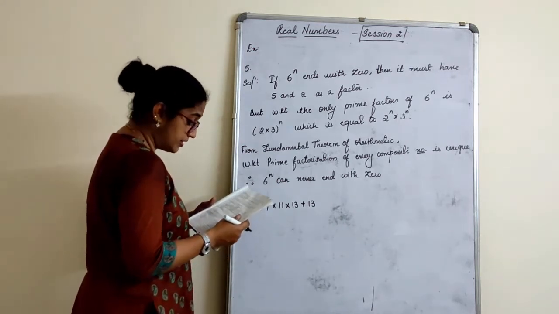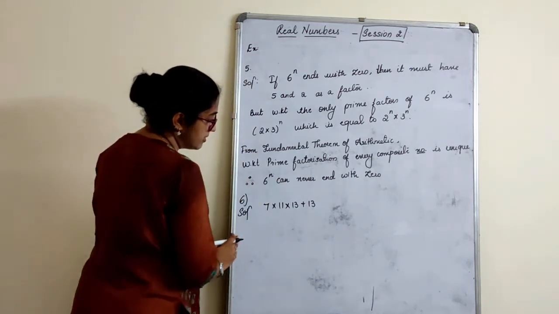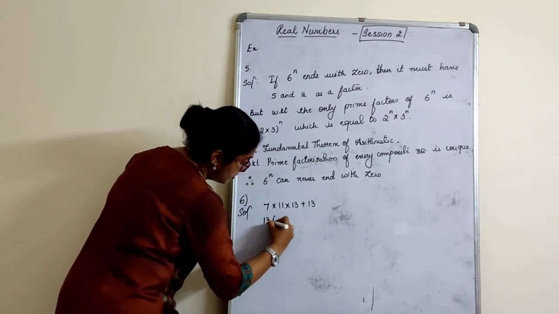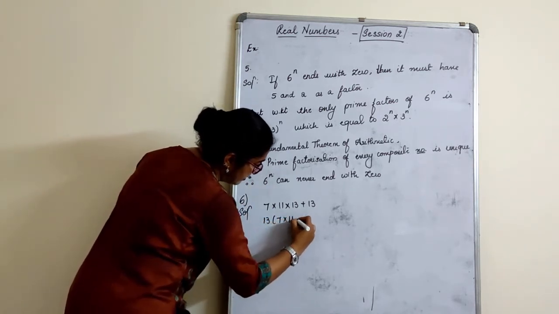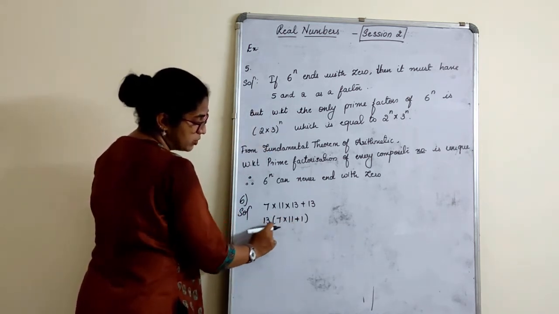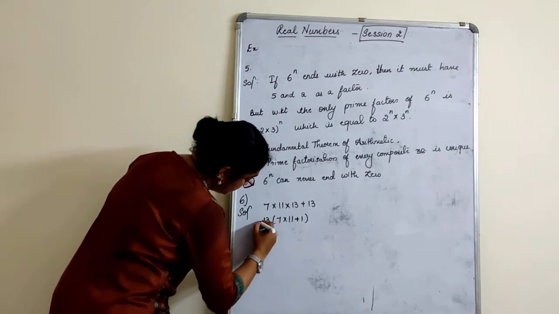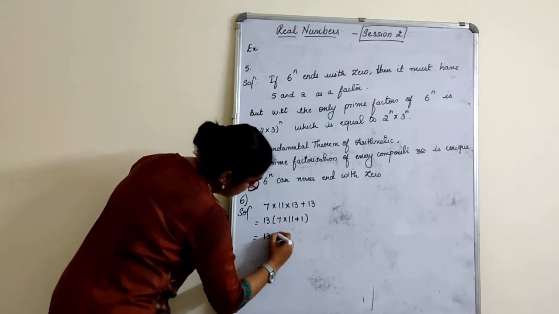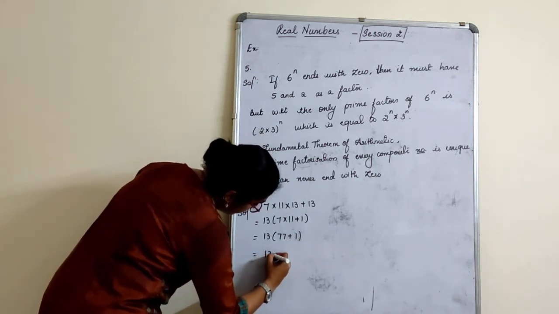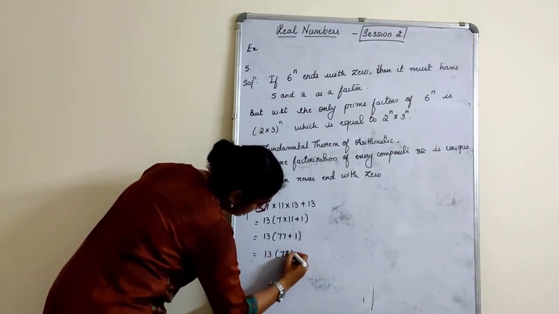We can write this number with 13 common: 13 into, 7 into 11 plus 1. So 7 into 11 is 77, plus 1 is 78. 13 into 78.